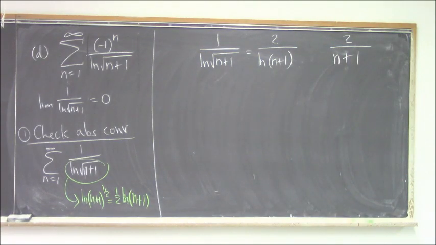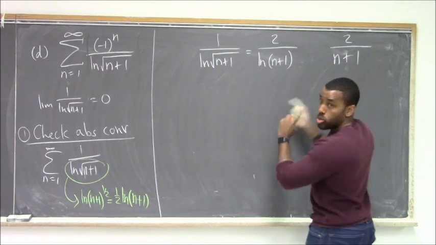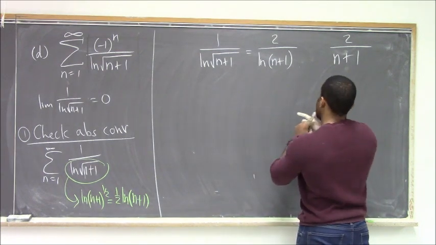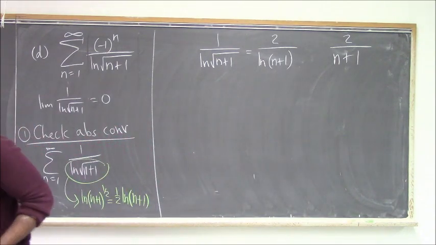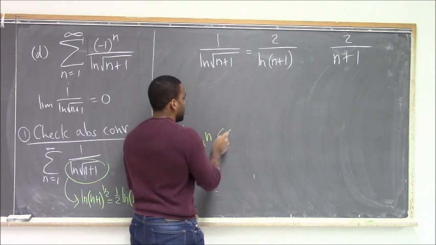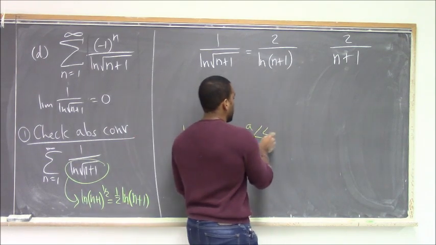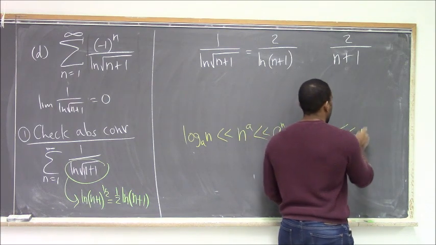3, 2, 1. So it turns out we can determine who's bigger or who's smaller here. And again, we have that rule, right? Logarithms are smaller than polynomials, are smaller than exponentials, are smaller than factorials, are smaller than variable exponentials.